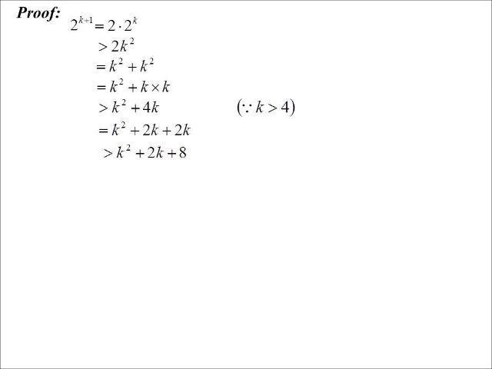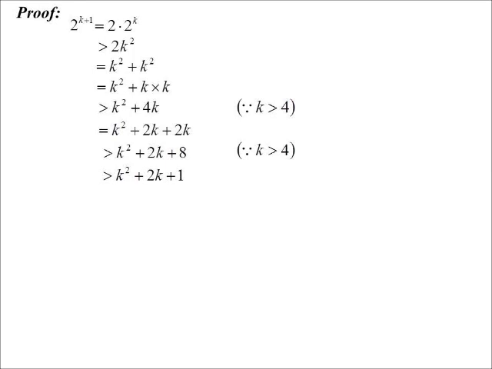Again, I'm using the idea that k is greater than 4. We don't want k squared plus 2k plus 8. I want k squared plus 2k plus 1. Fortunately, we're dealing with inequalities rather than equalities, and last time I checked, 8 is bigger than 1. So k squared plus 2k plus 8 is indeed greater than k squared plus 2k plus 1.